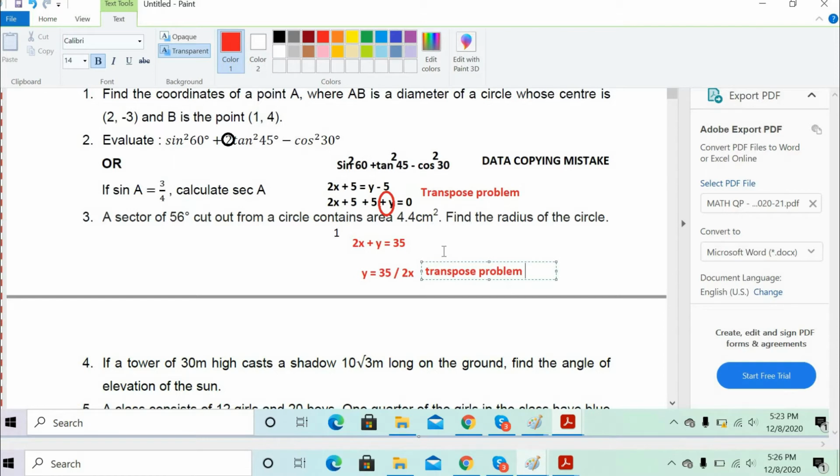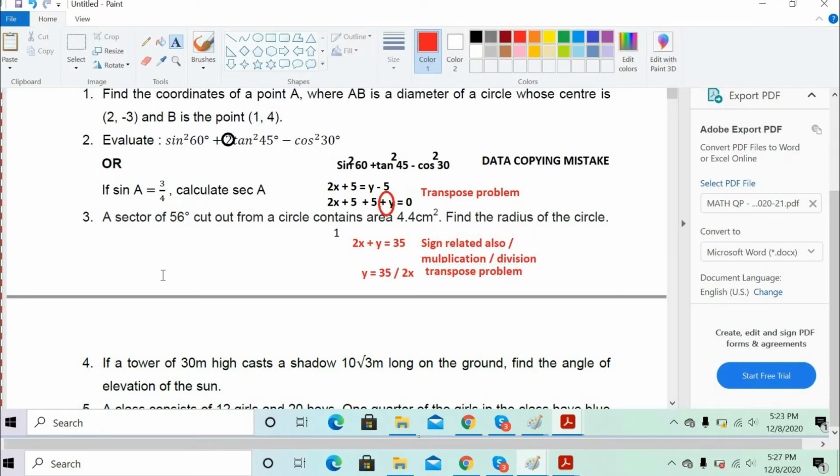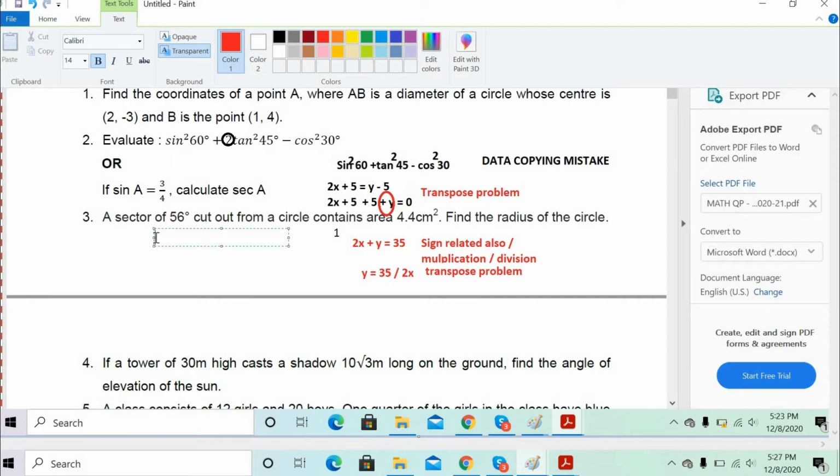So it can be multiplication, division, subtraction, or sign related. Anything can happen here. Always be careful, because sometimes people get confused.